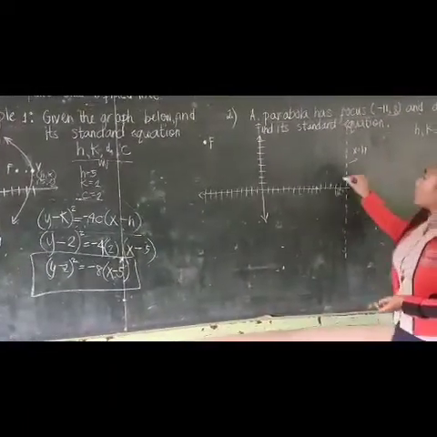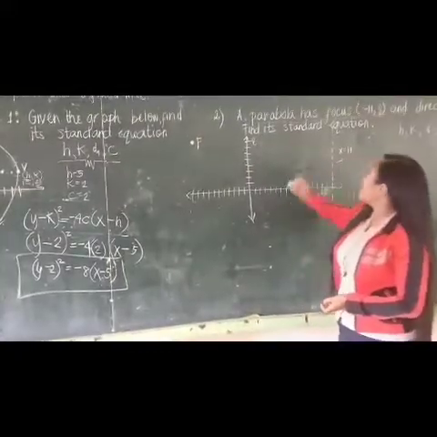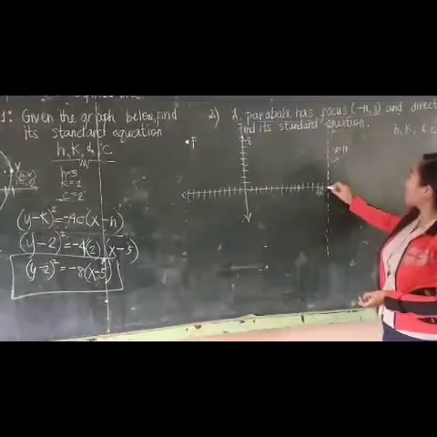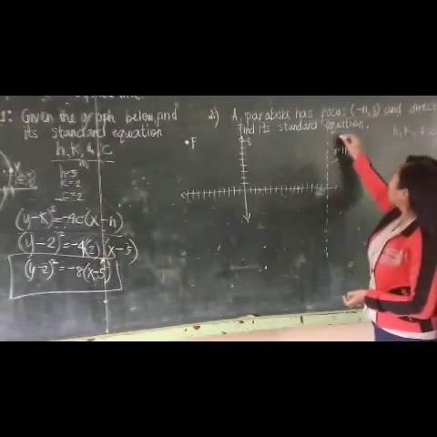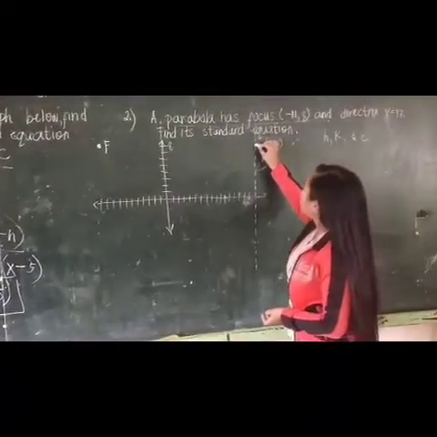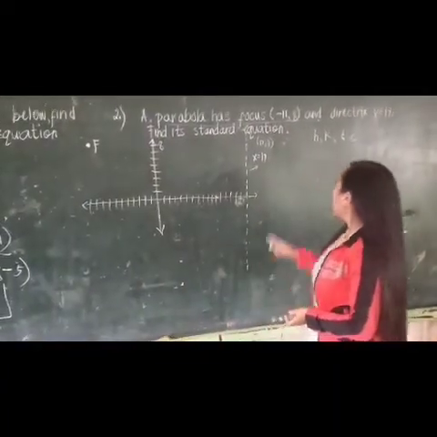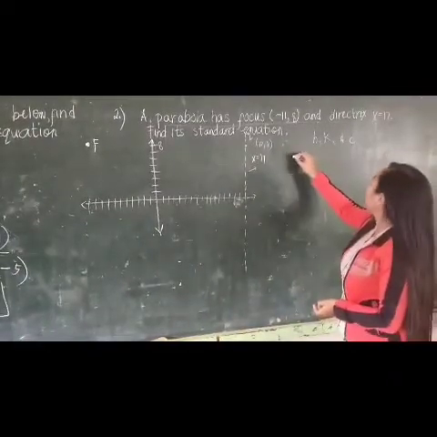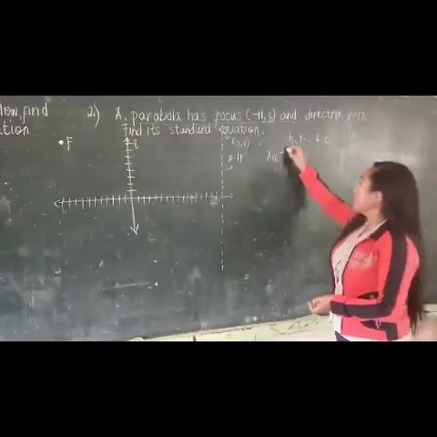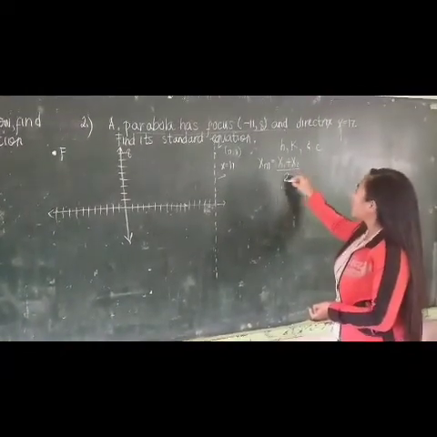Since the focus falls at y equals 8, the coordinates of the directrix point are (17, 8). To find the midpoint, let us use the midpoint formula. x midpoint equals x sub 1 plus x sub 2 divided by 2.